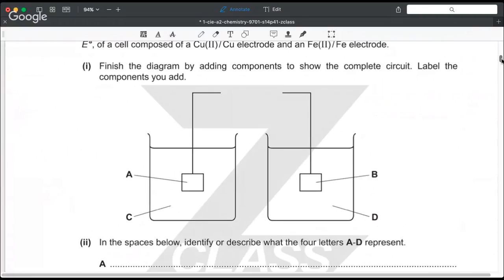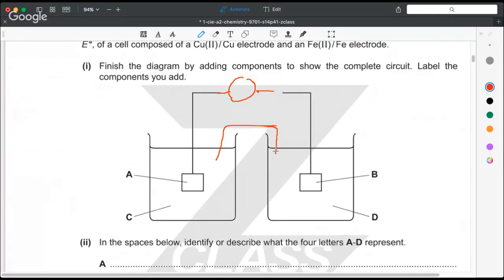Okay, so you've got to kind of fill in the blanks there. You're missing, this is a high resistance voltmeter you've got up there. You just get that from the book. And then you've got your salt bridge connecting the two solutions there.